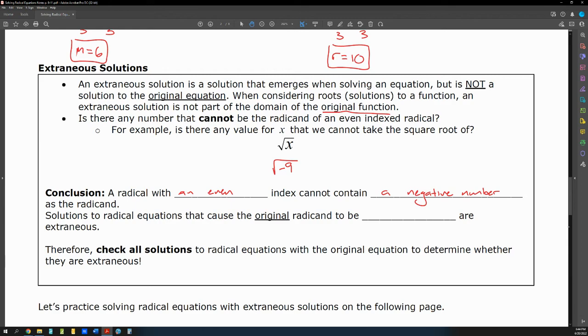Like consider if we had the square root of -9. We know that the square root of +9 is equal to 3. Remember, the square root is saying what number times itself is equal to the radicand. So if we take the square root of 9, that's saying that 3 times itself is equal to 9. But consider the square root of -9. Is there any one number that we can multiply by itself that gives us -9?